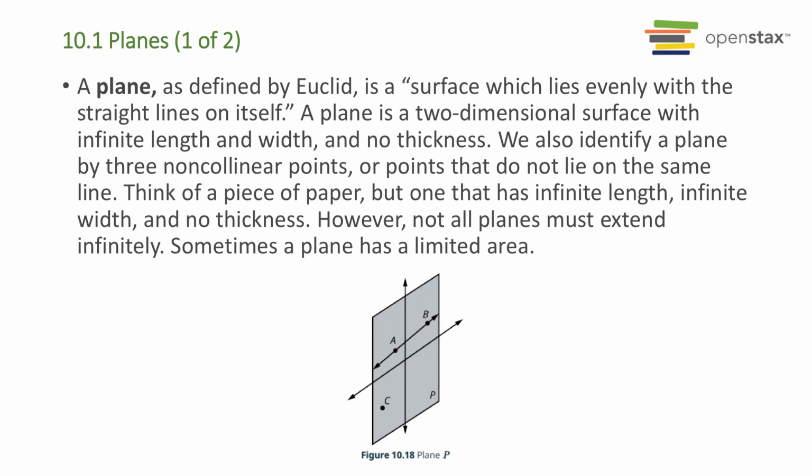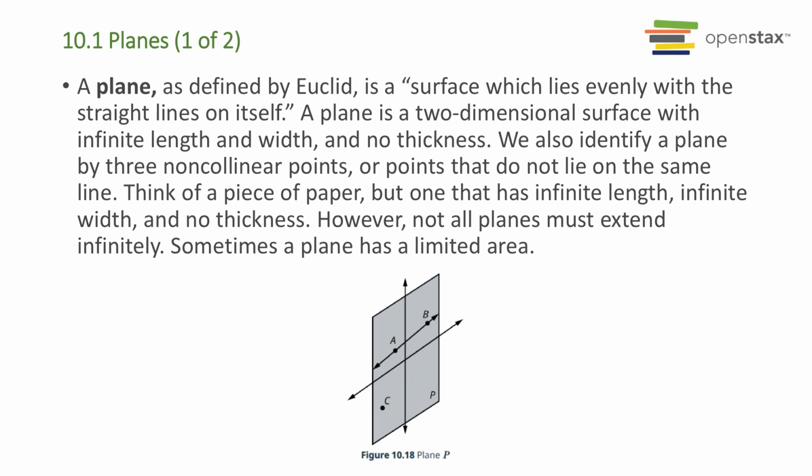So our next geometric object that was defined by Euclid was something called a plane. And he defined a plane as a surface which lies evenly with the straight lines on itself. In other words, a plane has length and width forever, so that it can actually contain lines within it.